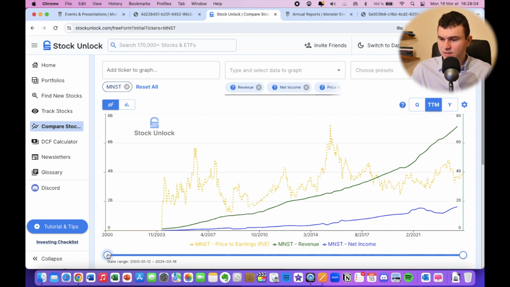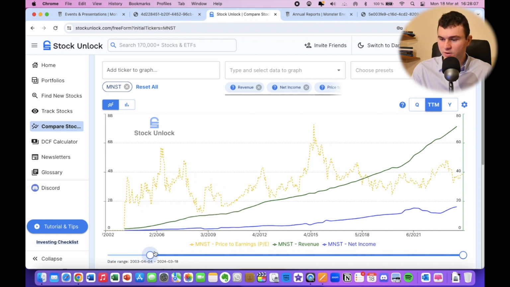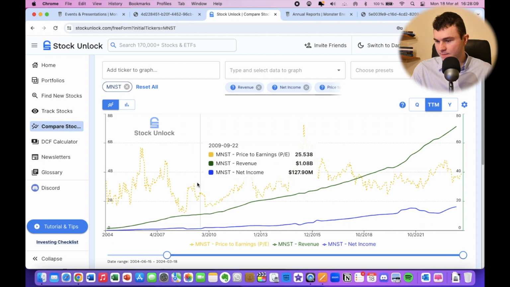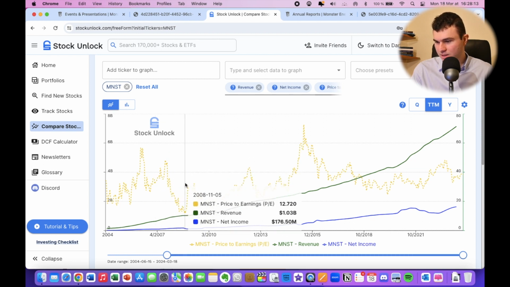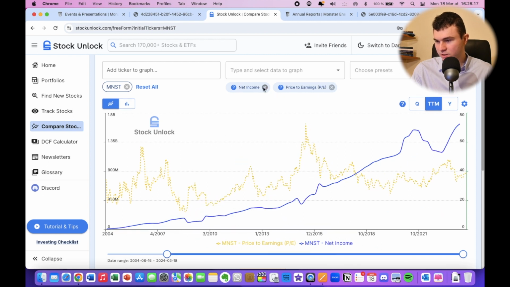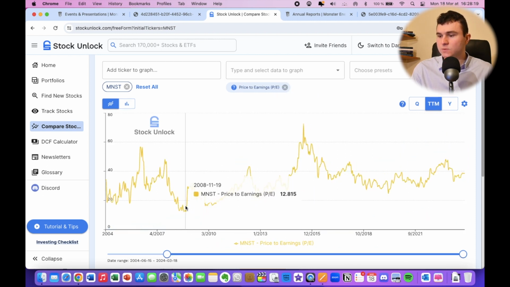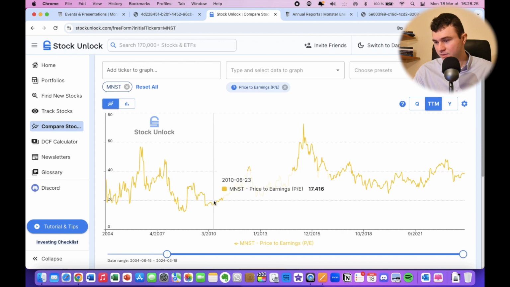The data starts 20 years ago, so approximately 2004. The PE ratio is 33, and then 12. Let's remove revenue and net income. During the Great Recession, the business was cheap at 12, and then 17, and then pricey, and then 15, and then 30, 30, 40, 30, 30.